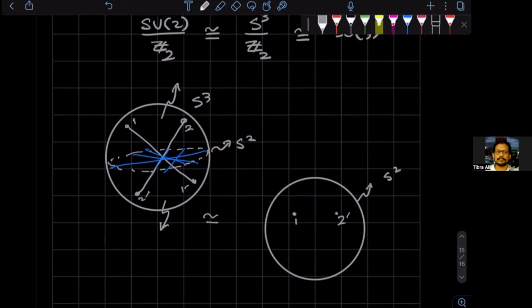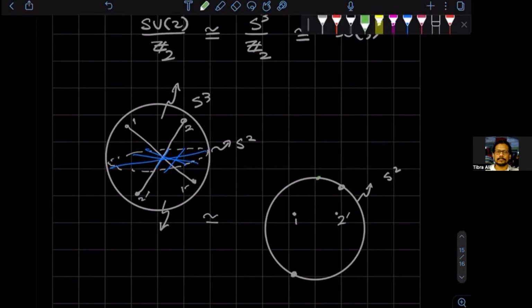It's actually not a 3-disk because it's a 3-dimensional disk, but since we are taking the whole of the equator, it has opposite points identified. Okay, so this point is identified to that point.